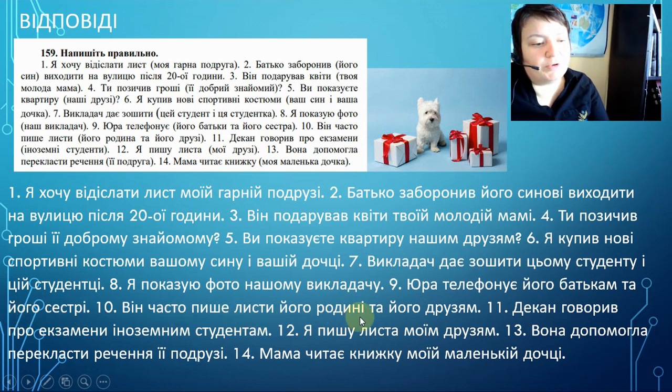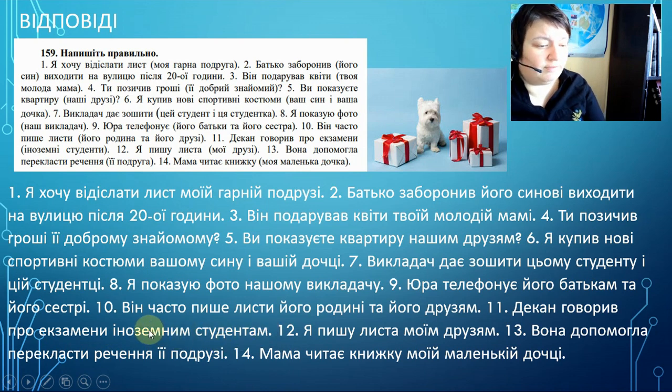Він часто пише листи його родині та його друзям. He often writes letters to his family and his friends. Plural, dative. Декан говорив про екзамени іноземним студентам. The dean talked about the exams to foreign students.